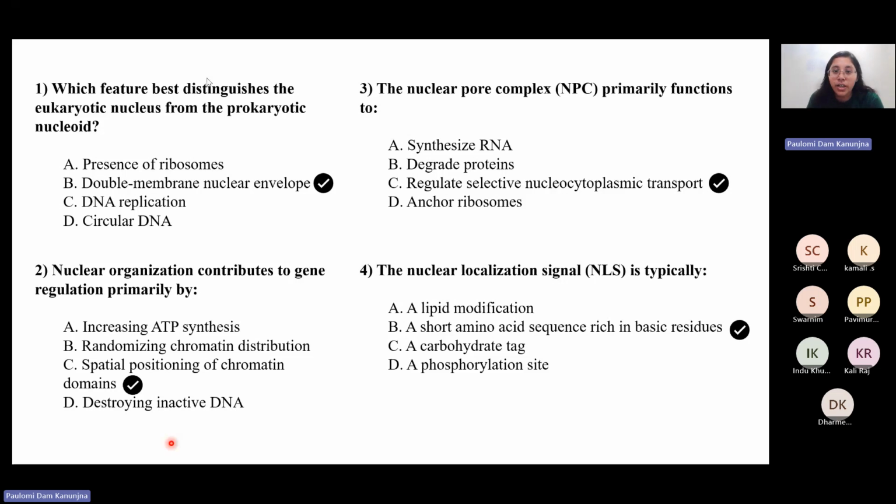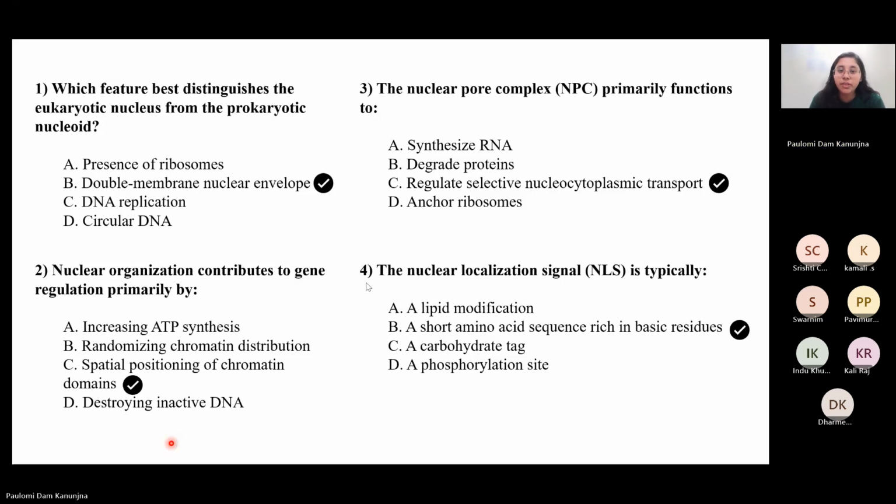Next, the nuclear pore complex primarily functions to regulate selective nucleocytoplasmic transport, which we have already established: massive protein assemblies that allow the transport of proteins and RNA between the nucleus and cytoplasm. And the last one: the NLS, or nuclear localization signal, is a short amino acid sequence rich in basic residues like lysine and arginine.